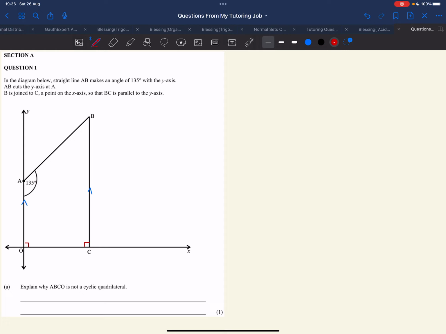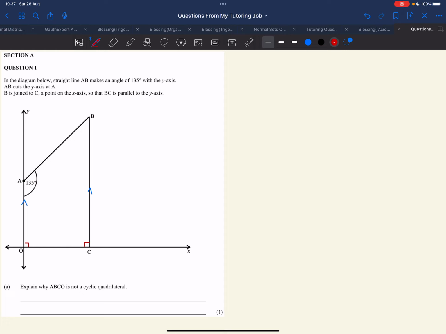So this is what I want you to get: if they say that AO, or the y-axis, is parallel to BC, it means that according to the properties of parallel lines, angle O and angle C have to add up to 180 degrees, because we use the property of co-interior angles.